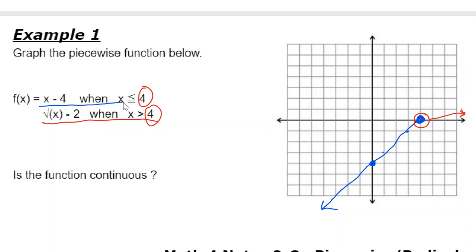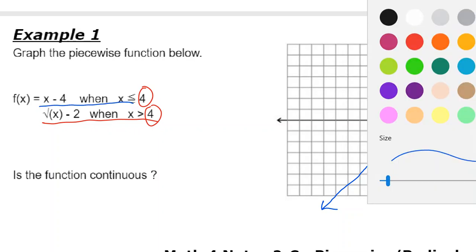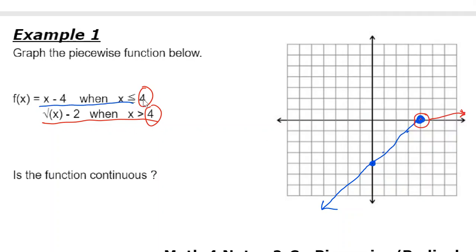When I stick a 4 in there, 4 minus 4 equals 0. When I stick a 4 in here, the square root of 4 is 2, and 2 minus that 2 is 0. And so since they match where x is 4, y turns out to be 0 in both senses, yes, this is continuous.